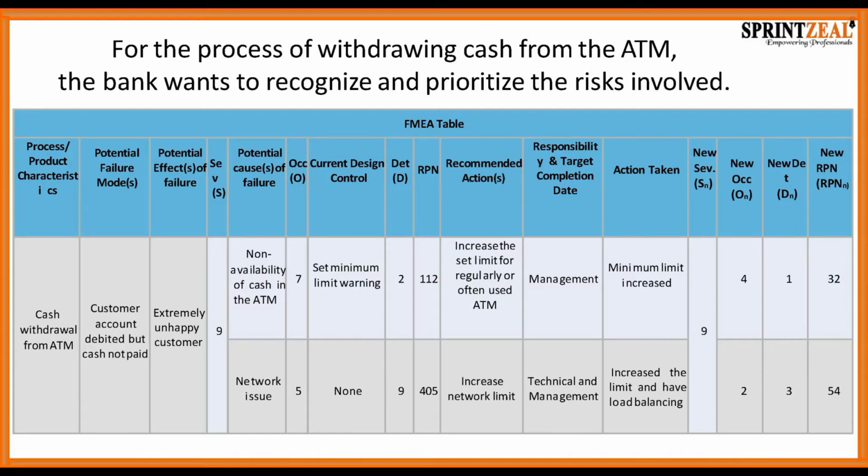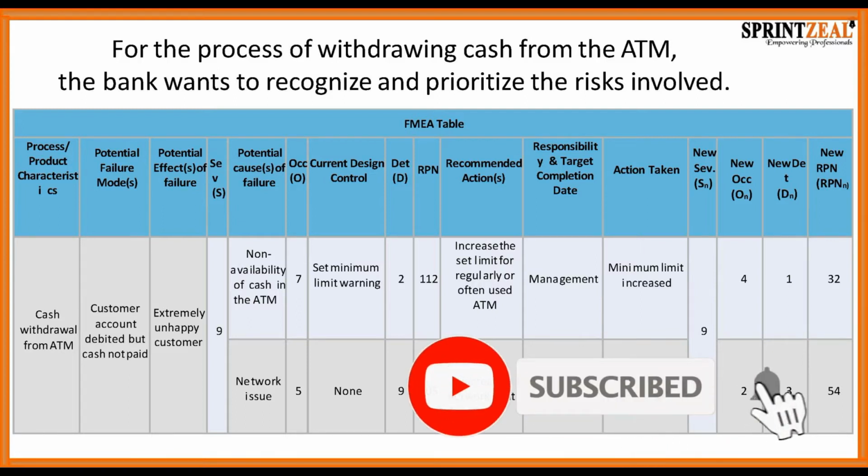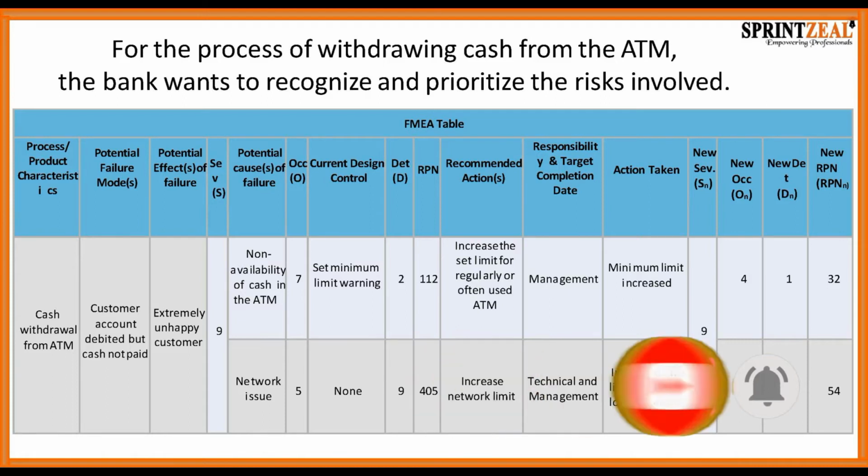And who's responsible for that? Well, it's management that's responsible. Then what about the network issue? Well, we're going to increase our network limit. Maybe that's the throughput, the amount of data that can be transported between the ATM and the bank's network. Who's going to be responsible for that? Well, technical and management, or IT and management.